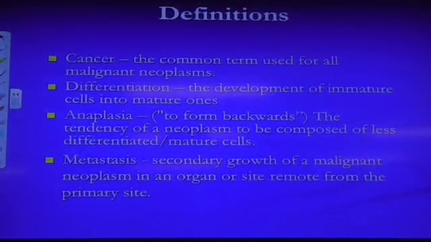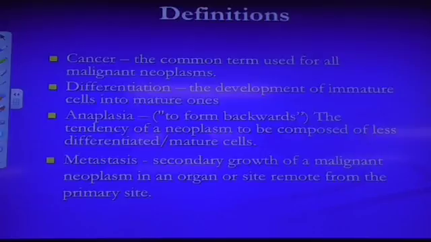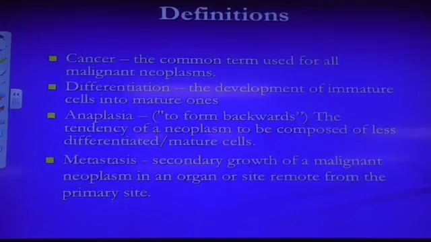Okay, so cancer. Cancer is only used when you're talking about malignant neoplasms. You don't call anything other than a malignant neoplasm a cancer. Okay? When we're talking about tumors, you'll frequently hear terms like poorly differentiated or well differentiated. So the more differentiated it is, the more mature it is.